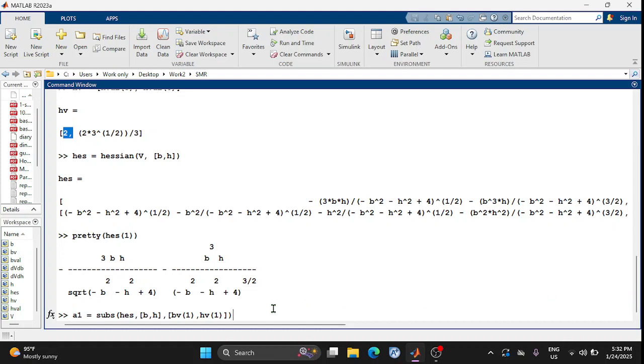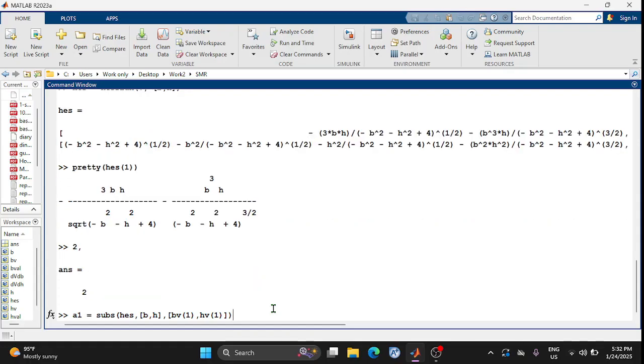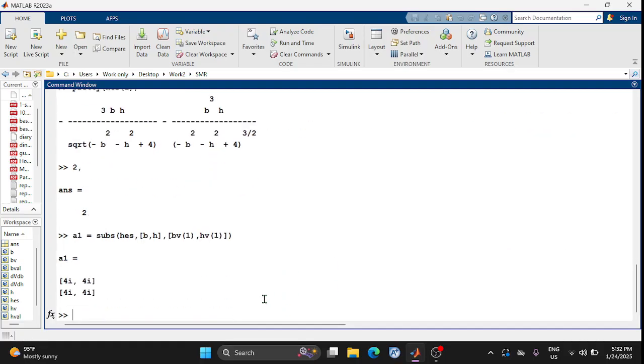Our goal here is to check if the value of the Hessian is going to be negative, and we see that, okay, this is a maximum. So let us try it out. We have it to be something like this. We have 4i, 4i, 4i, meaning that all of the entries in there are complex. This is not what we actually want.